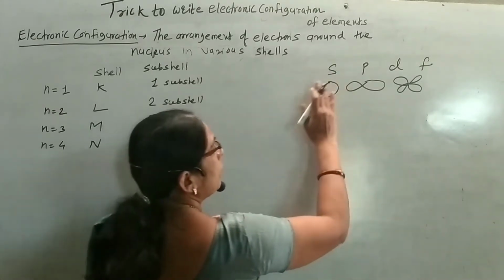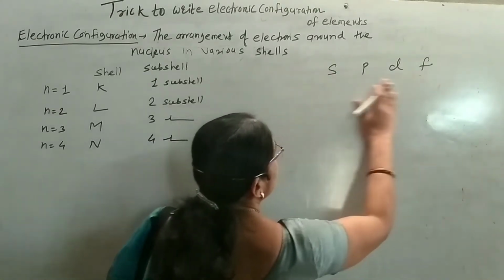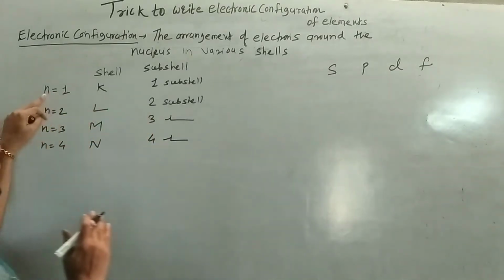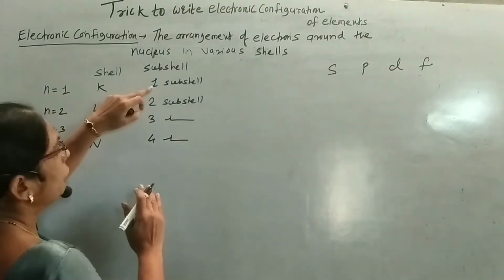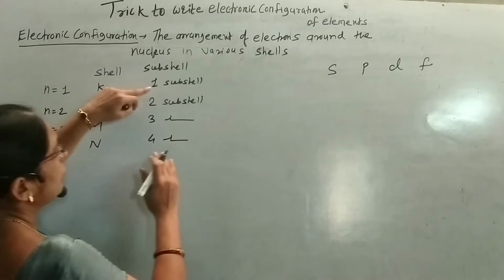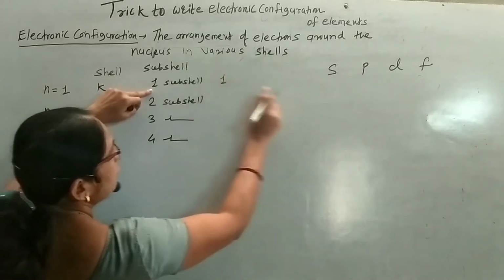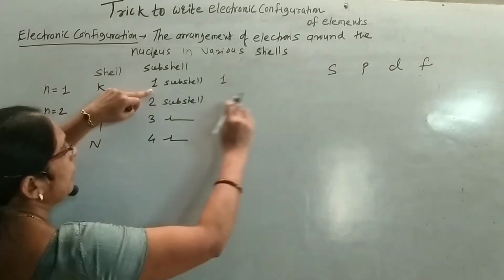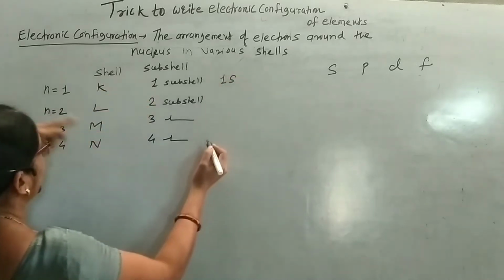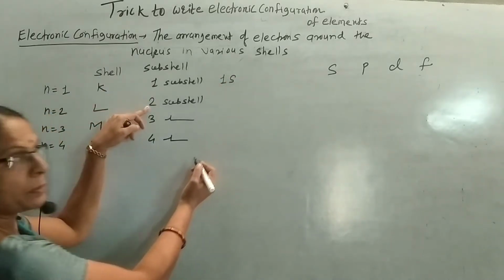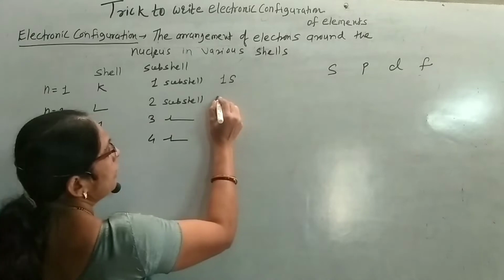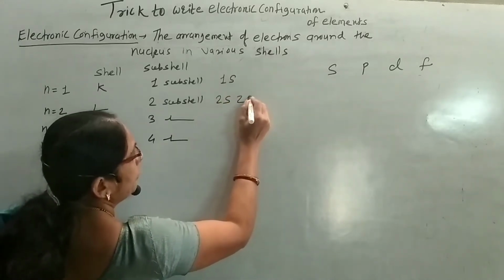These subshells S, P, D, F can be considered for each main shell like this. For the first main shell there is one subshell, 1S. For the second there are two subshells, 2S and 2P.